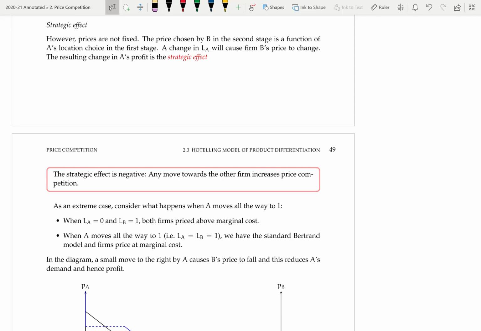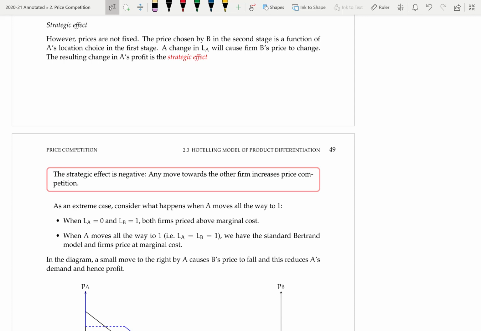It will no longer be optimal to price at PBN, and this is going to affect A's demand curve and profit. The change in A's profit is the strategic effect. So the strategic effect in this model is negative. Any move towards the other firm is going to increase price competition. So firm B will lower their price. This will reduce A's demand because the two goods are substitutes, and this will lower A's profit.